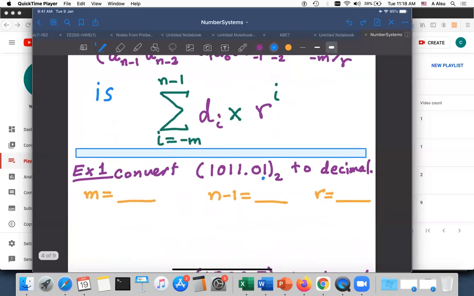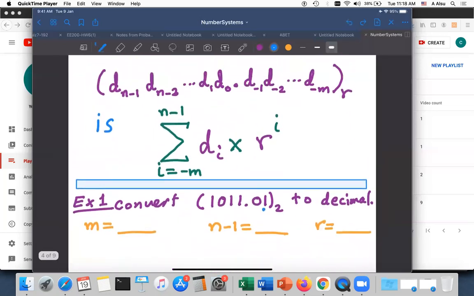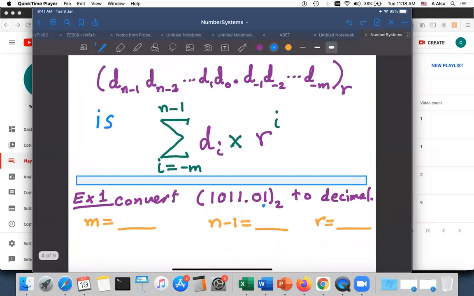You don't have to do this when you convert, but for the sake of sanity checking, I want you to see this number here and tell me what m is, what n minus 1 is, and what r is.